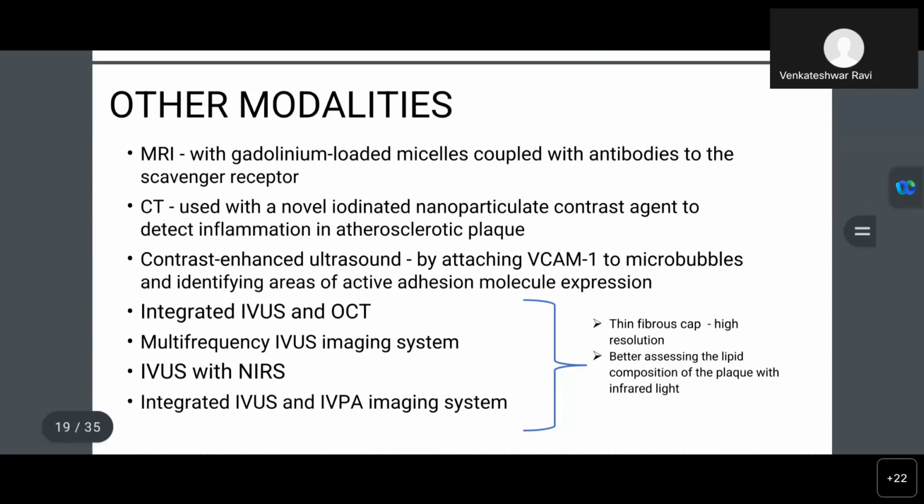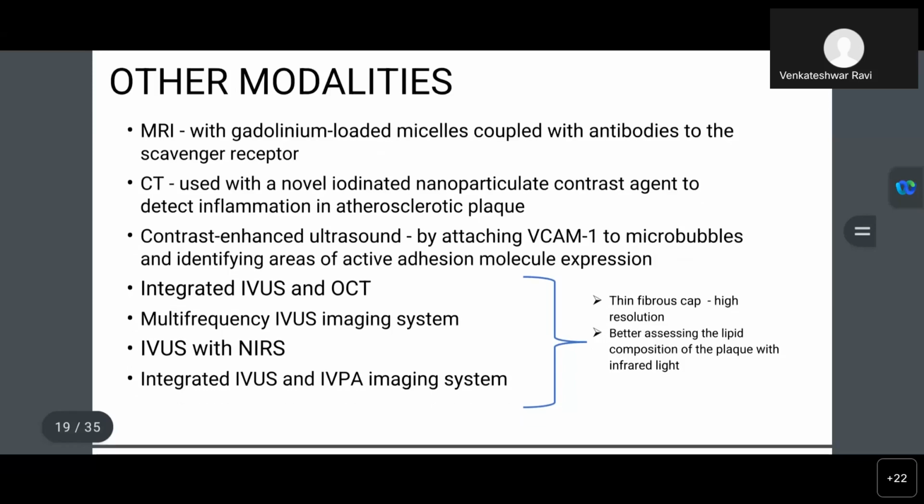Others are modified IVUS, such as integrated IVUS and OCT system, multi-frequency IVUS imaging, IVUS with NIRS, and IVUS with photoacoustic imaging. These imaging modalities give high resolution of the thin fibrous cap and better assess the lipid composition of the plaque with infrared.